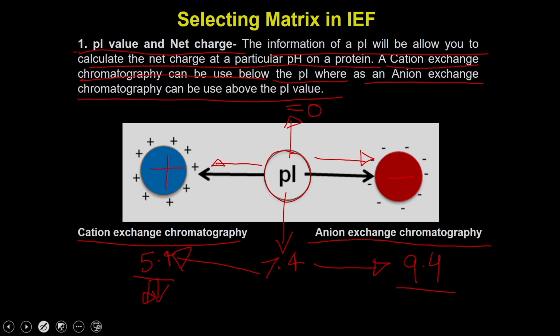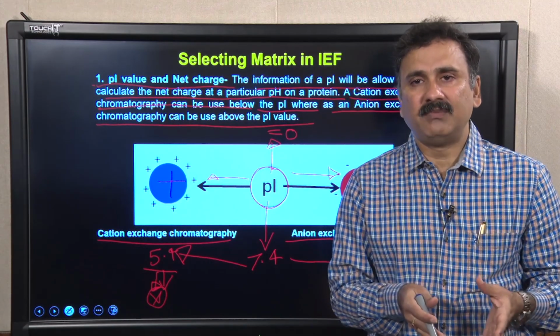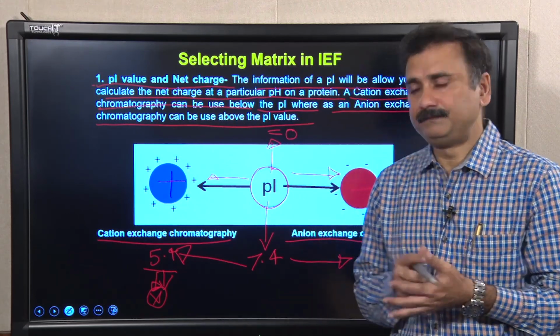If it is not maintaining the enzymatic activity or the 3-dimensional conformation at this pH, then we cannot perform the cation exchange chromatography. Instead, we have to use the anion exchange chromatography, and we also have to decide whether at that particular pH it is maintaining the stable 3-dimensional conformation as well as the enzymatic activity.